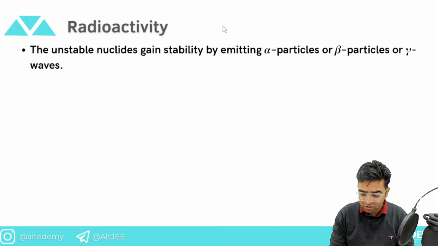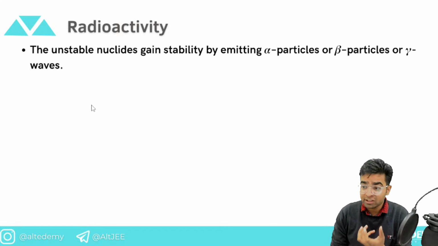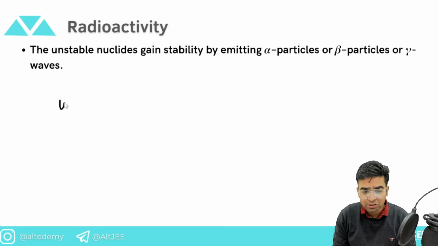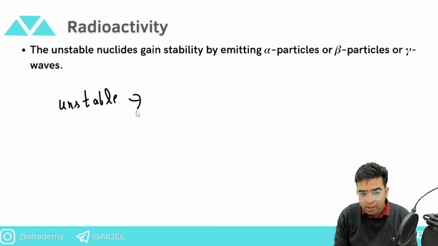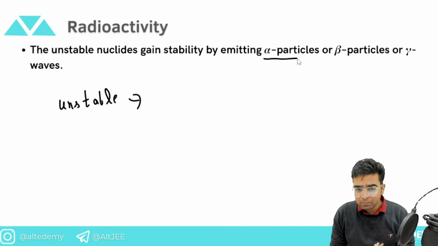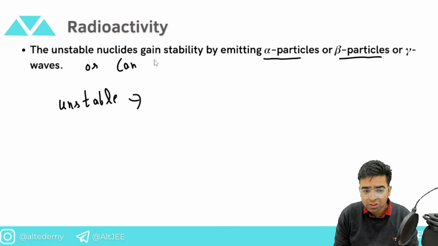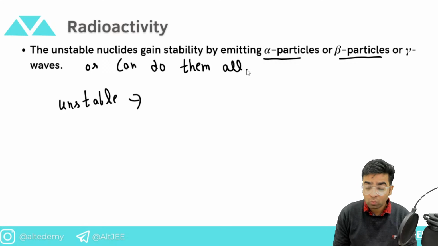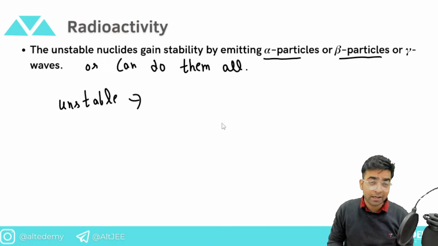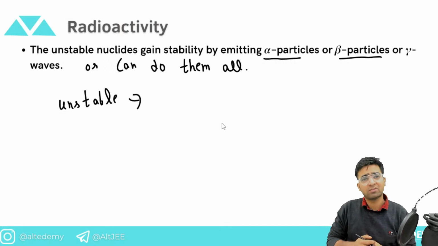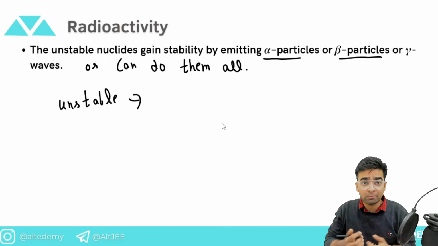After that, what do they do? So we have an unstable atom. What can it do? It can emit an alpha particle, it can emit a beta particle, or it can emit a gamma wave, or it can do them all.